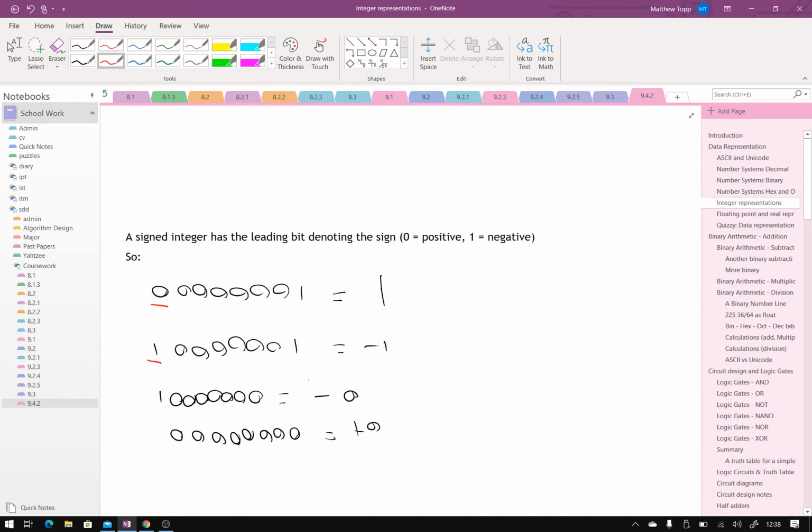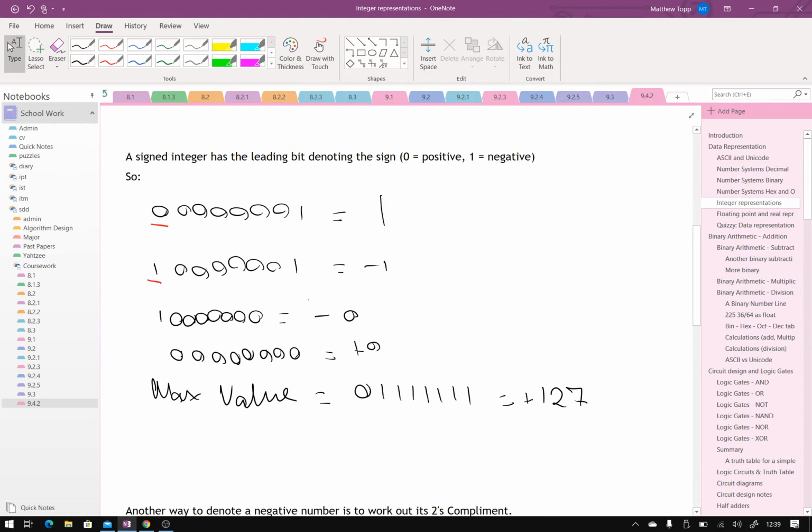Now, if you don't like that, you're going to hate this. The maximum value that we can use equals 0, 1, 1, 1, 1, 1, 1, 1. That's the maximum value. And it's 127, plus 127.